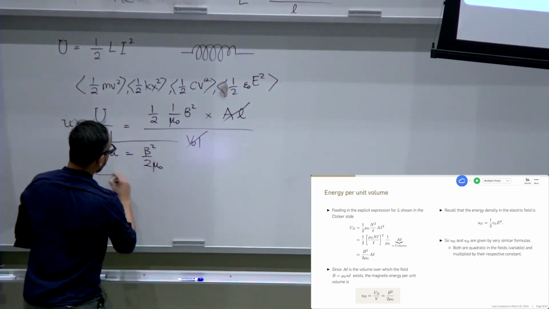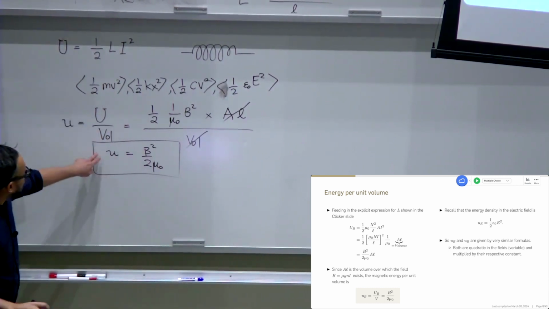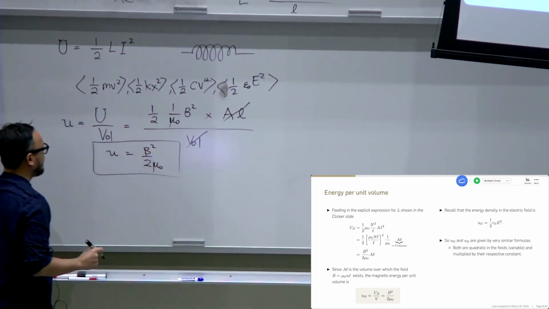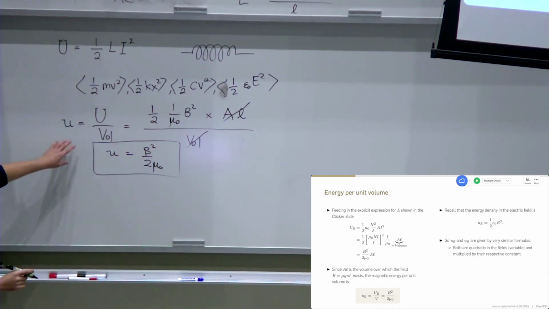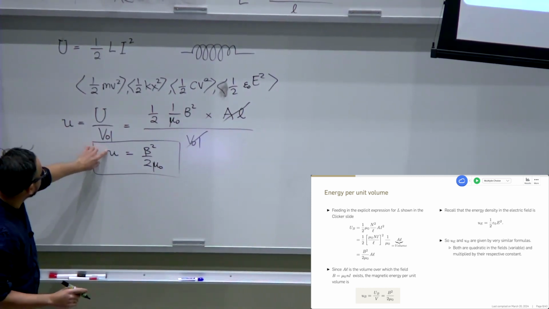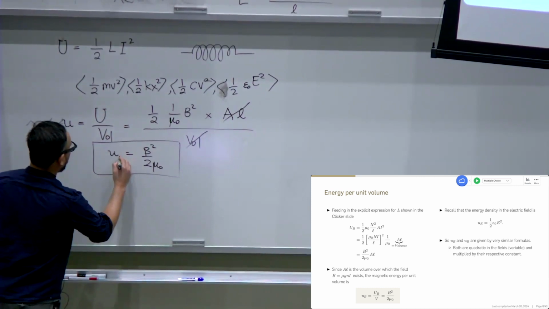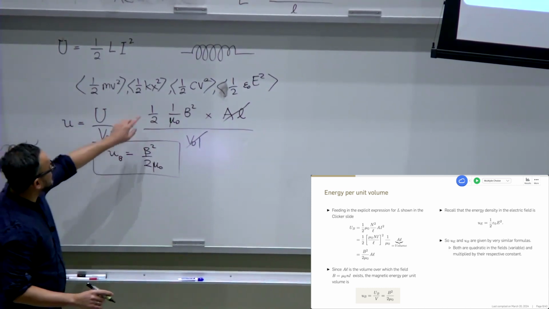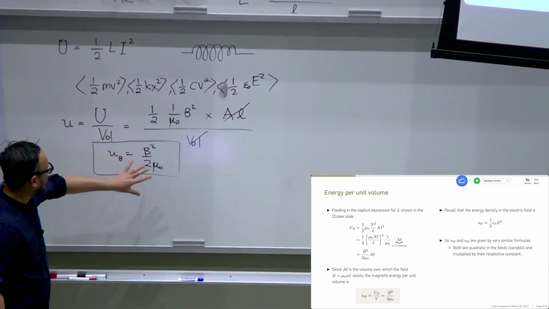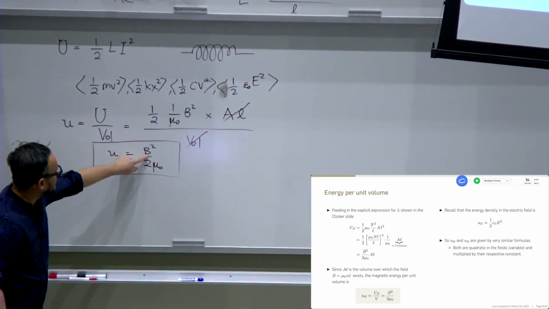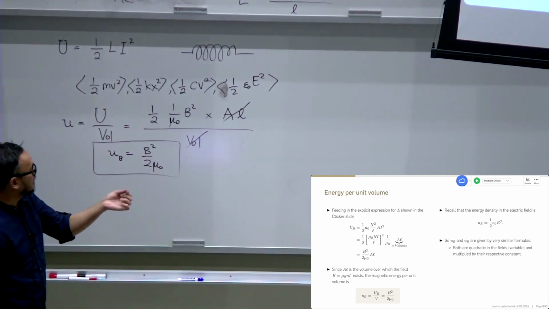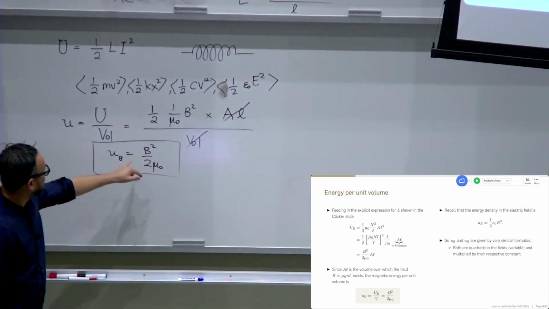So if you have a magnetic field, realize in this expression, one thing that amazed me when I first studied it is that we derive the expression using an inductor, but the final expression doesn't have anything to do with an inductor. As long as you have a magnetic field, there is energy in that volume.